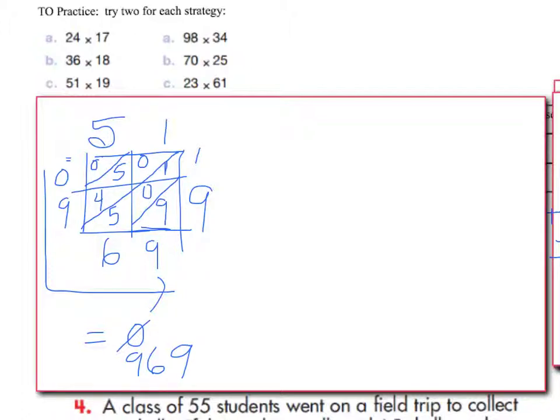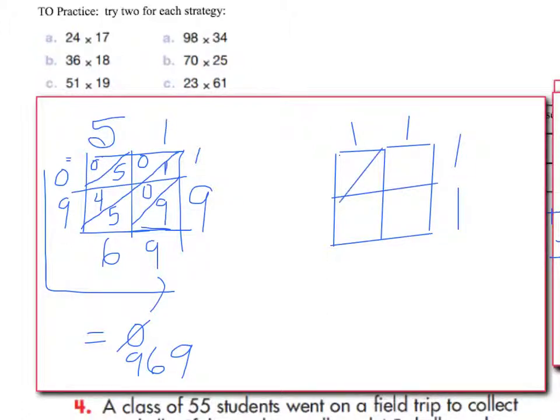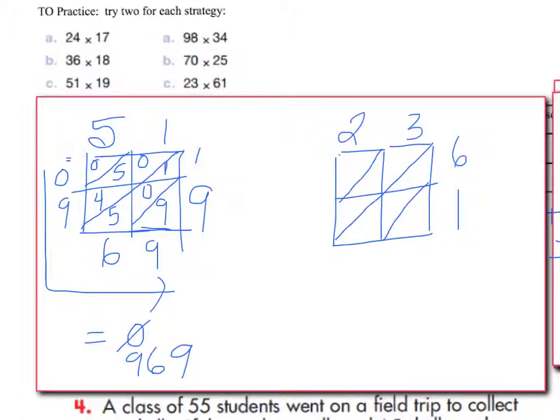Right, now let's try our last one. 23, we need a column for each of those. 61, we need a row for each of those. Dividing our diagonals top to bottom, right to left. And in our first box, we have 3 times 6. 3 times 6 is 18. 1 on the top, 8 on the bottom.